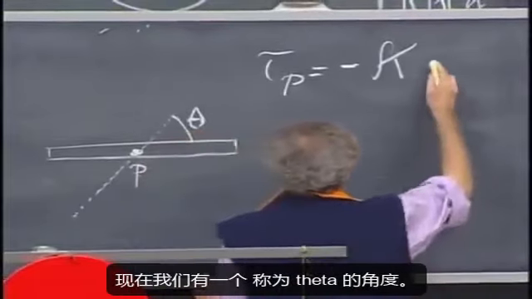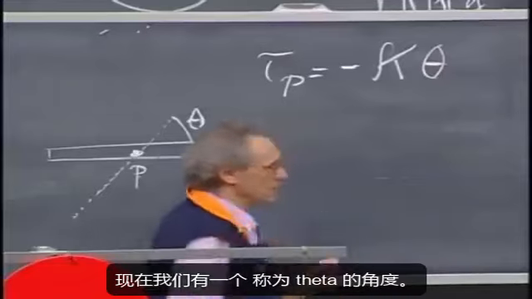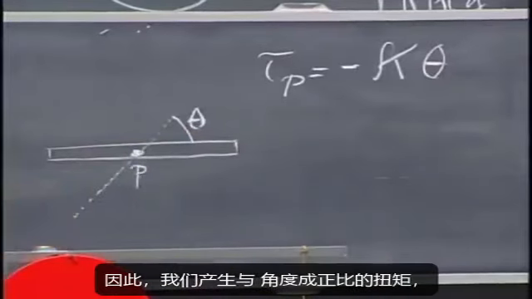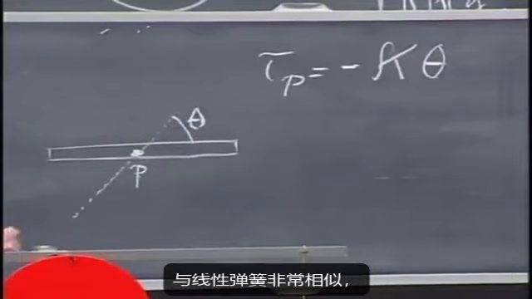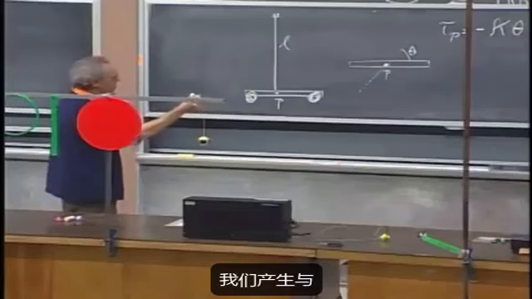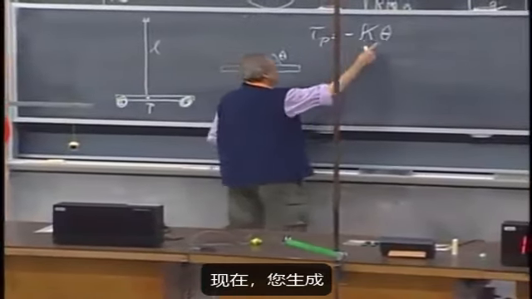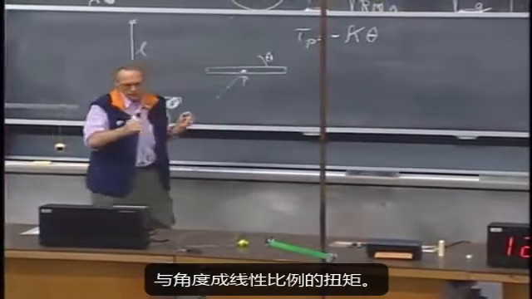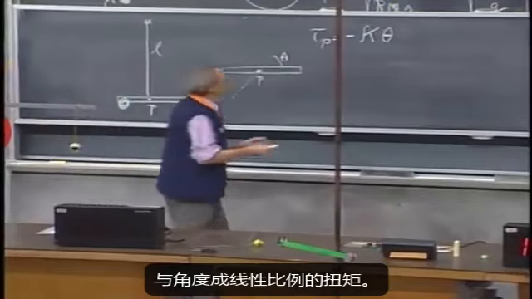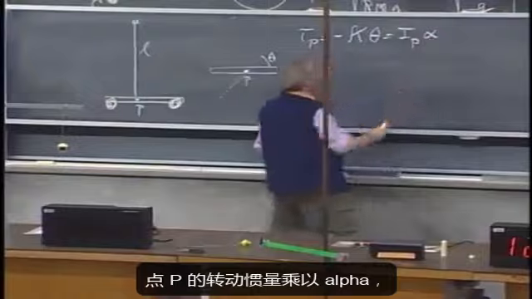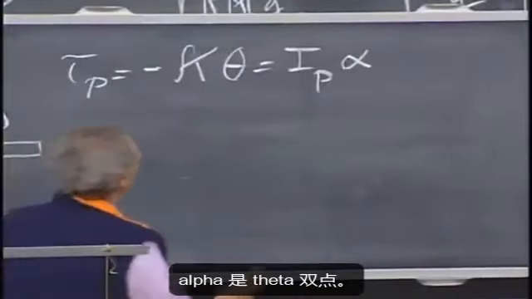And now we have an angle which we call theta. So we generate a torque which is proportional to the angle. Very similar to the linear spring, whereby we generate a force which is proportional to the linear displacement. Now you generate a torque which is linearly proportional to the angle. And this is the moment of inertia about point P times alpha, and alpha is theta double dot.